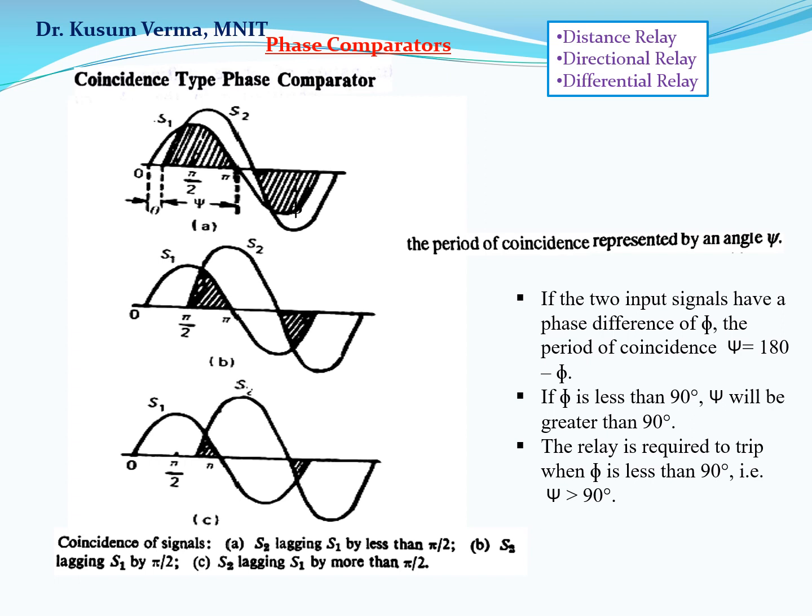Depending on the phase relation of the input signals, it is possible to design a circuit to give an output in yes or no form by measuring the period of coincidence. The period of coincidence of two signals with a phase difference is equal to 180 minus theta. Different techniques are employed to measure the period of coincidence, which will be discussed in the next section.